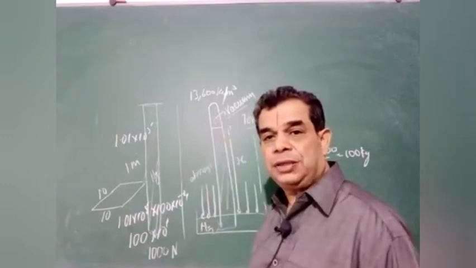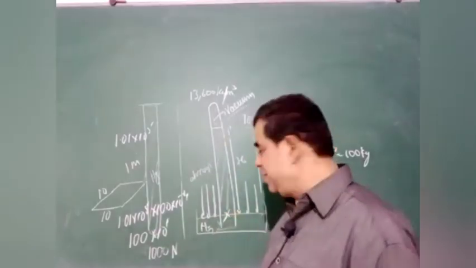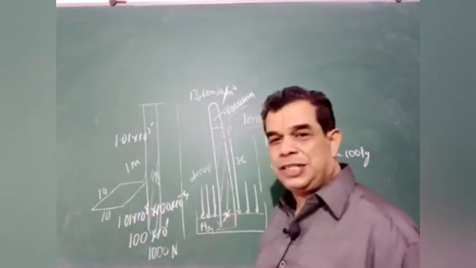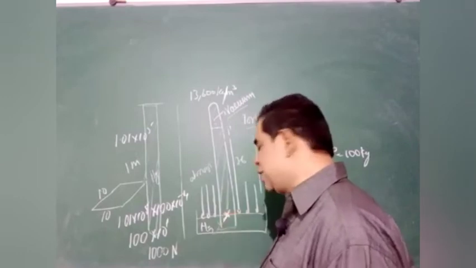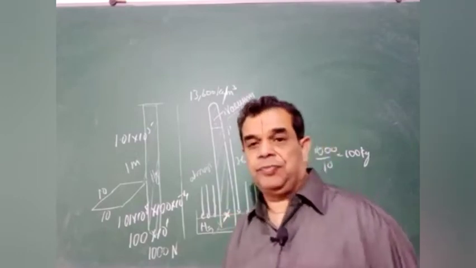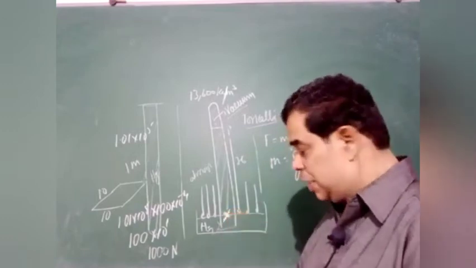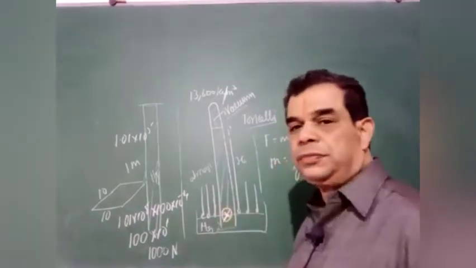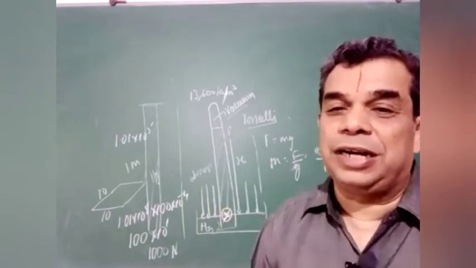And what is the pressure at this point? Can somebody tell me? What is the pressure at this point inside the tube, what I am marking now? Think on it. At this point, what I marked with cross. You have not thought of it, or you have not applied what you learned. I will tell you.